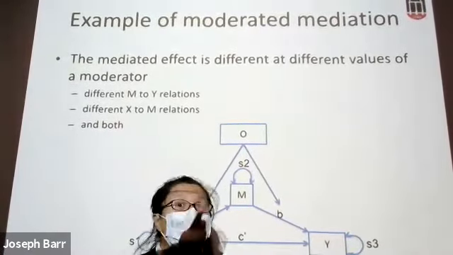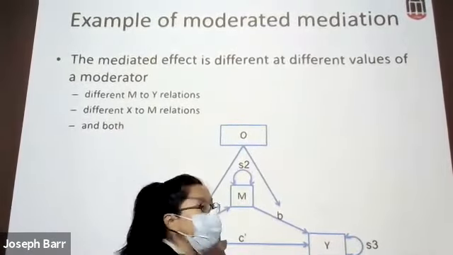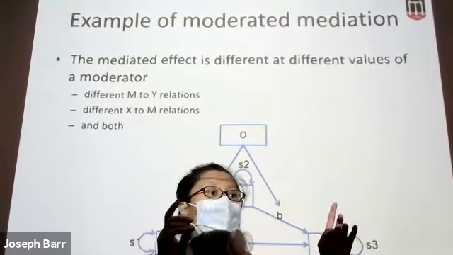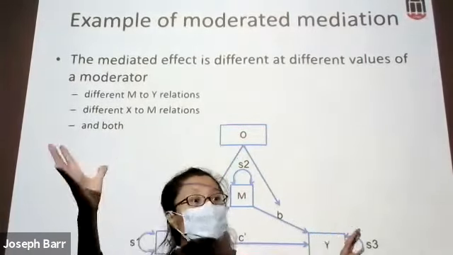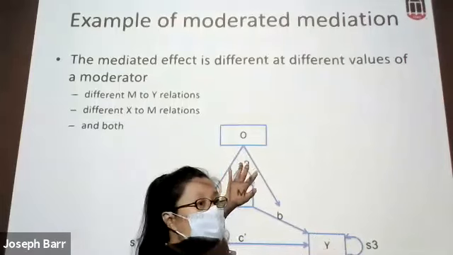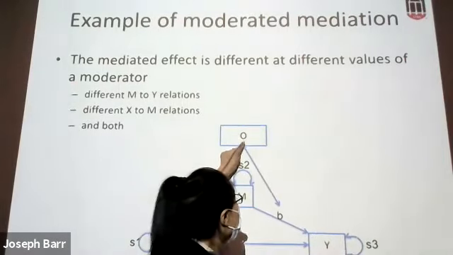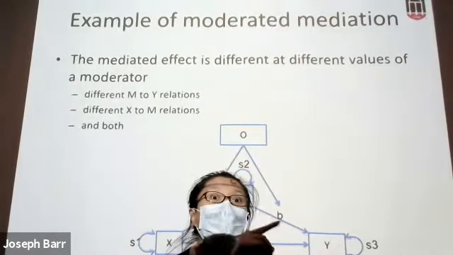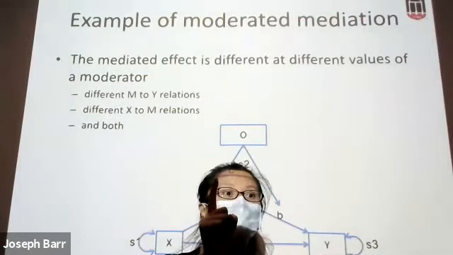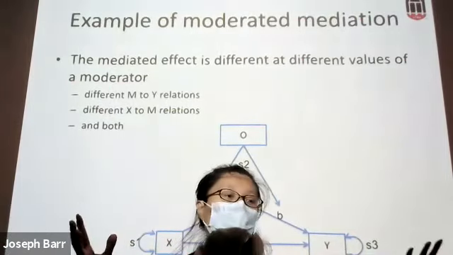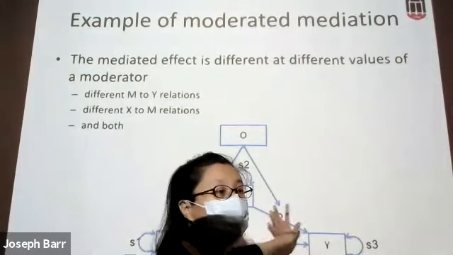Originally we have the mediation effect A times B. But if we include another new variable in this model, this variable could change the mediation effect. For example, gender, a very obvious case.